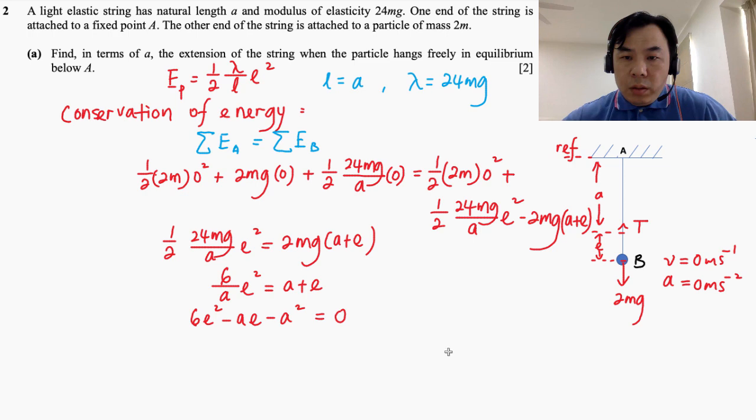Now from here, how can I solve this? Of course, this is a very simple quadratic equation here. Therefore, you can actually solve it quite easily, I would say. So in this case, you can actually solve it as, let me see, 3a plus or minus.